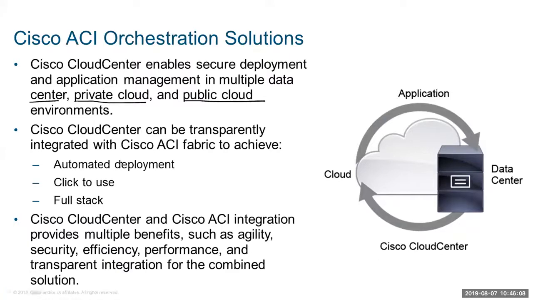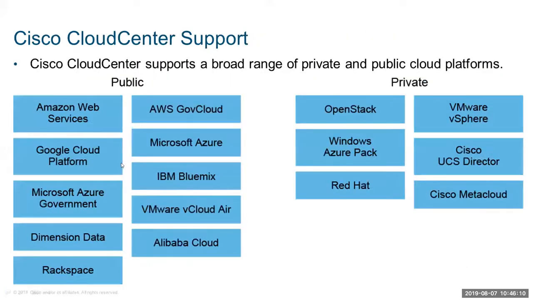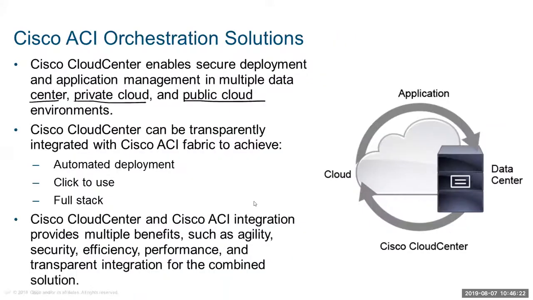If you look at Cisco Cloud Center, notice all the different cloud platforms it supports: public cloud, private cloud, okay, and even an enterprise data center. So you can actually have your applications deployed across all of these environments.